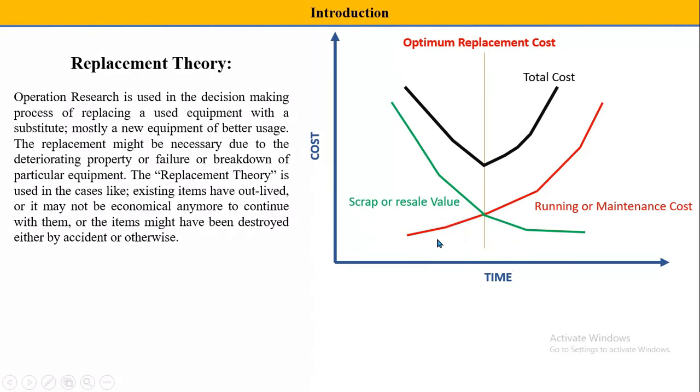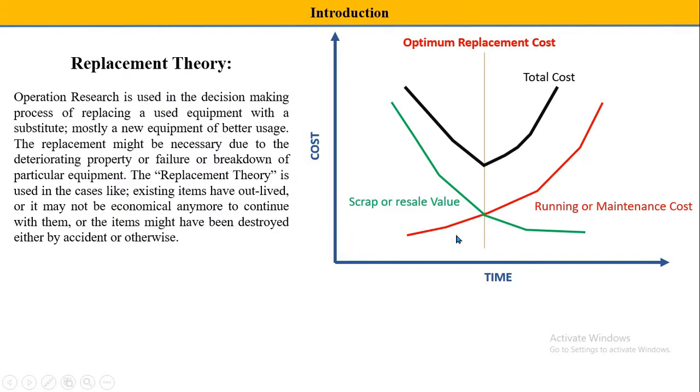Now for the red curve, the running or maintenance cost, it keeps increasing this way. That means today you have a cell phone, no issue, but after 6 months there might be an issue in the display or sound or anything else, then you have to put in some running or maintenance cost for this equipment. This running or maintenance cost keeps on increasing as time passes.